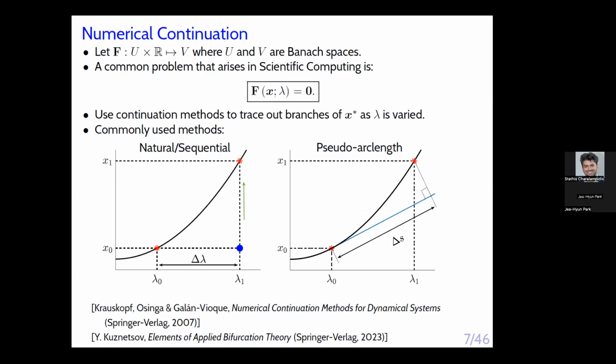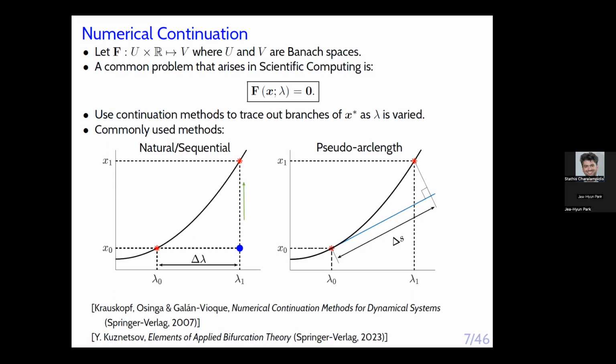If you're looking for breather solutions in lattices, it would be the frequency, but it is a parameter that you want to trace solutions as this parameter varies. Okay, so you're looking for solutions as lambda is variable. A continuation method is essentially an algorithmic procedure that can trace such branches as this parameter is variable.